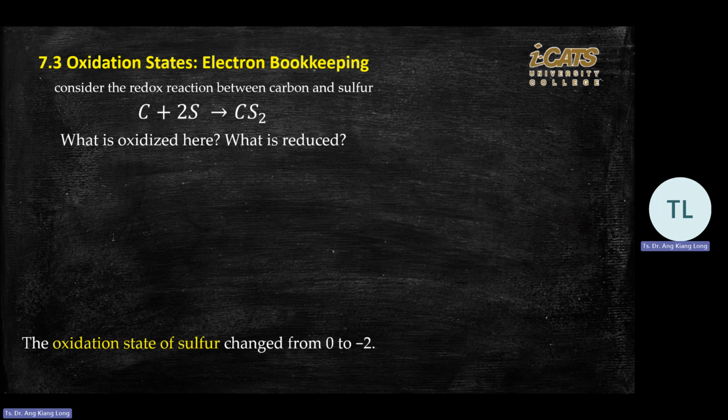Let's consider a redox. If in the question you see redox reaction, it falls under chapter 7. Don't use chapter 1 until chapter 6 to answer a chapter 7 question.